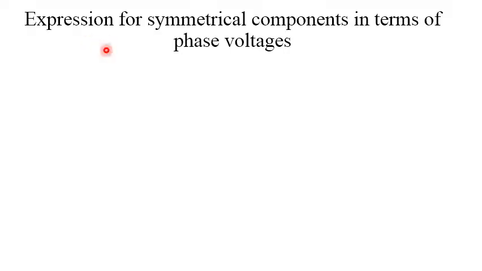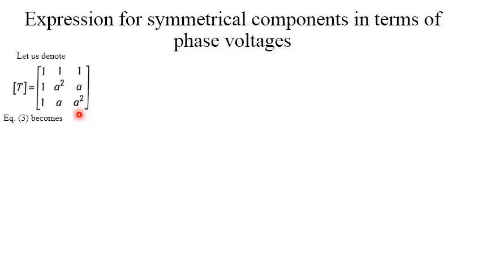Okay, let's understand the expression for symmetrical components in terms of phase voltage. We understood earlier how we represented phase voltage in terms of the symmetrical components. Now we will understand symmetrical components in terms of the phase voltages. Let's consider the matrix T, consisting of 1 1 1, 1 A square A, 1 A A square.